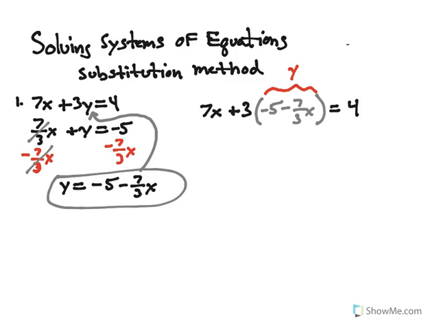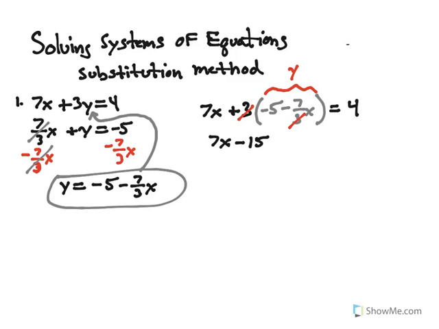So here's what we have. We have 7x plus, a negative and a positive is a negative, 3 times 5 is 15. And then with this, the 3's will cancel.